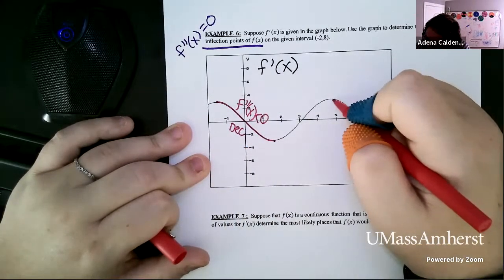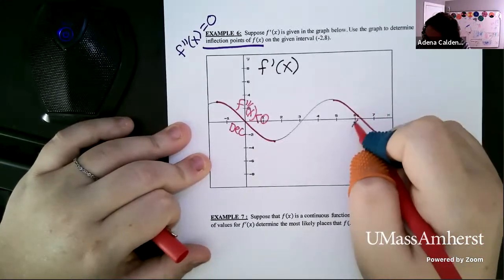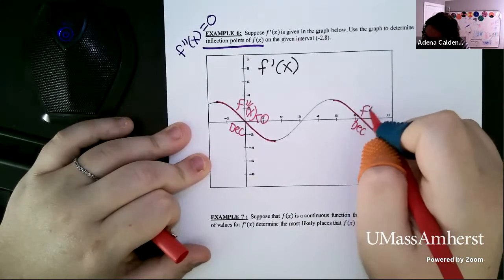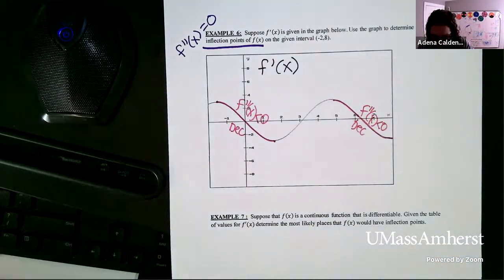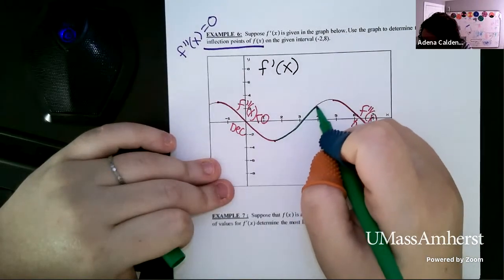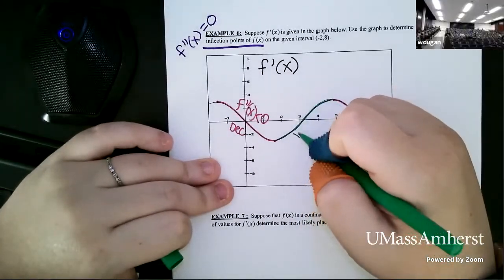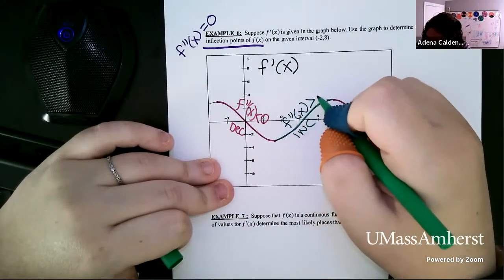That also is going to happen over here. So decreasing, second derivative is negative. And when the first derivative is increasing, that's where our second derivative is positive.